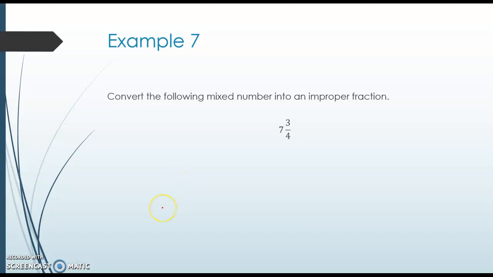Now, how do I convert from a mixed number to an improper fraction? And then we're going to talk about how we do it the opposite way. Basically, we're going to take the denominator times the whole number, and then we add the numerator.